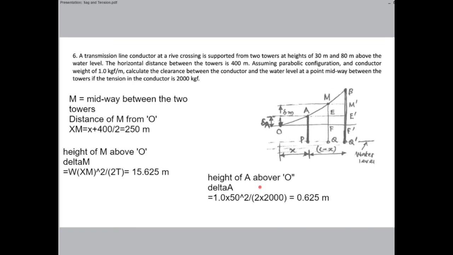The height of A above O, and the height of M, will now be utilized to calculate the distance between the water level and the ground. So as you can see, water level is there and the conductor point is there. So what is the clearance now? We can see from this geometry, this distance plus this distance.